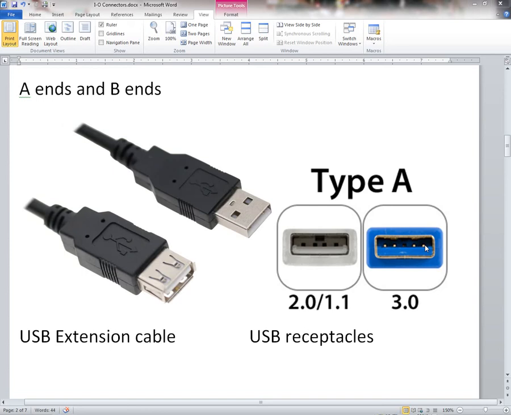The 3.0 connector is slightly longer, so the port is deeper. So when you plug a 2.0 device, it is backwards compatible. If you plug the 2.0 device into the 3.0 receptacle, it doesn't quite get to the end, and so sometimes the connection isn't made very well, and if the device isn't exactly the right, or the plug isn't exactly the right angle, you'll get situations where it connects and disconnects, and that is somewhat obnoxious.